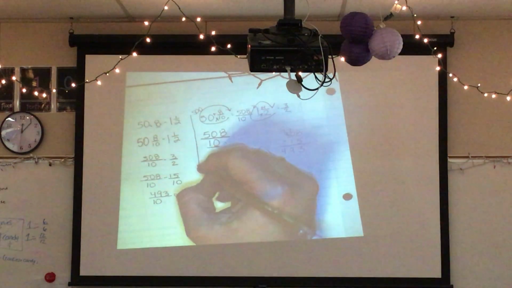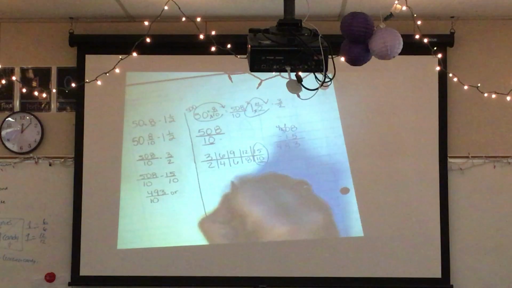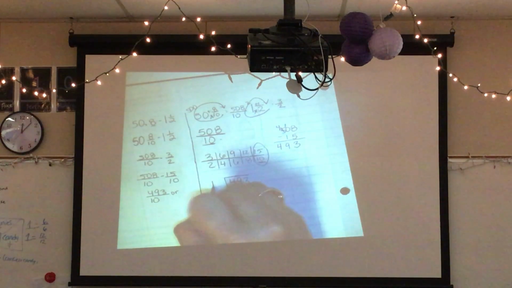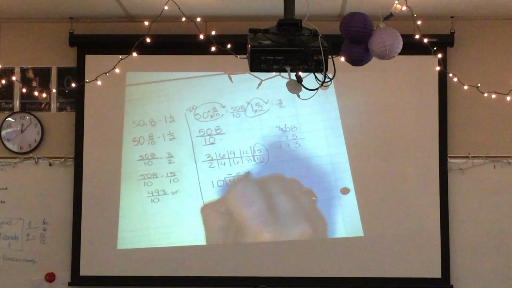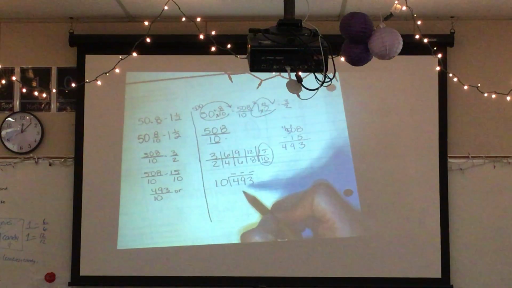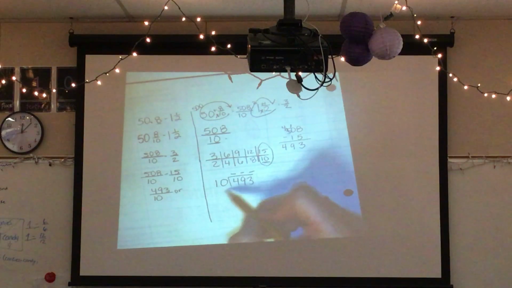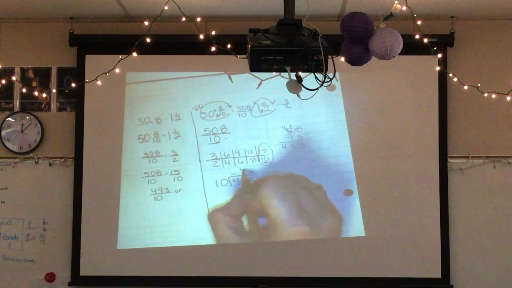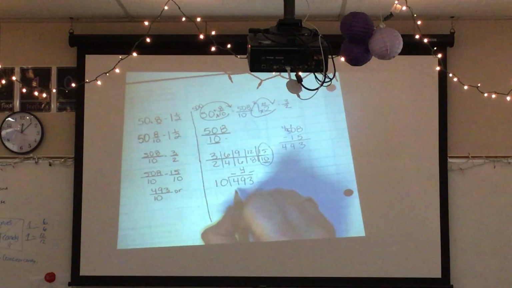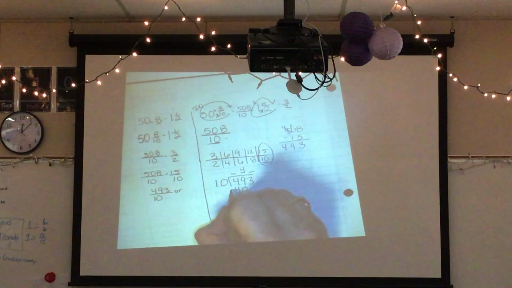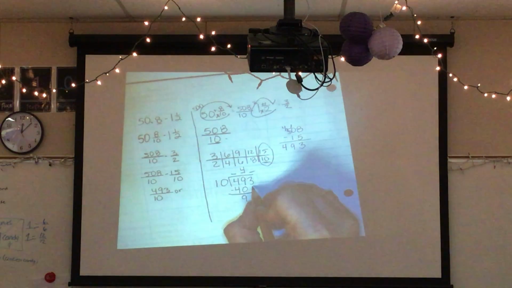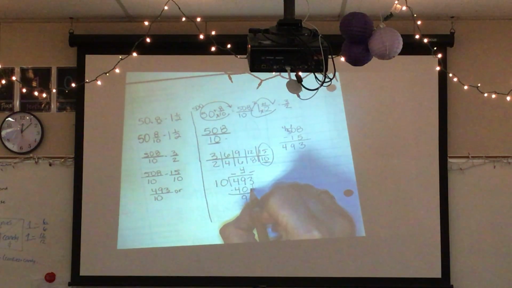You need to make it into a mixed number by dividing. Place value holders. Can 10 go into 4? No. Can 10 go into 49? Yes. How many times? 4. If I put a 4 on top, what goes on the bottom? 40. Subtract and get 9. Bring down the 3.